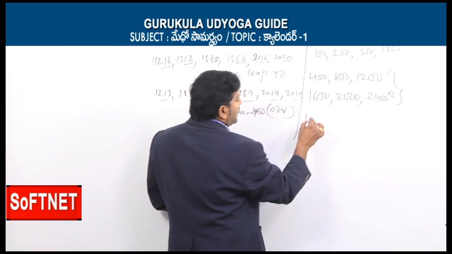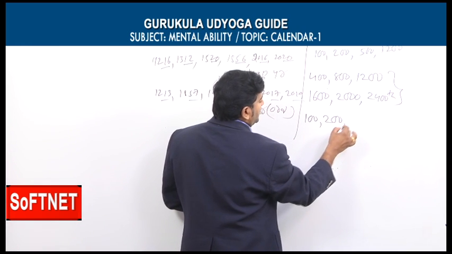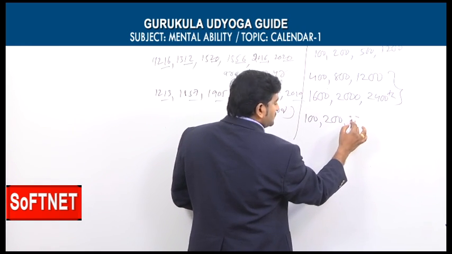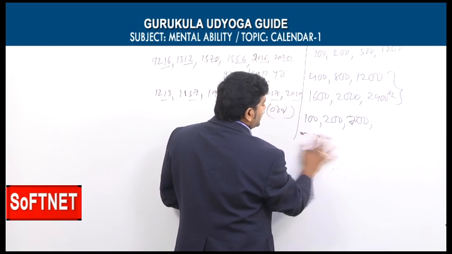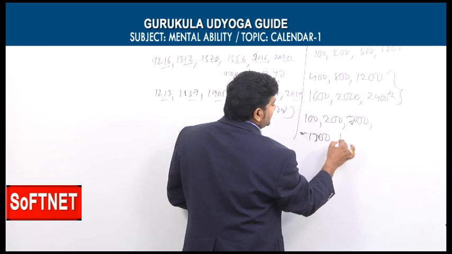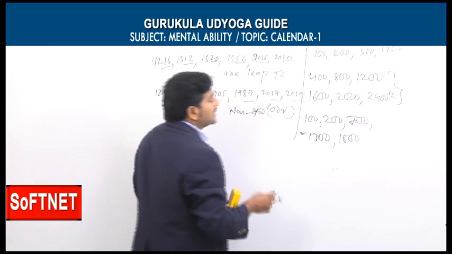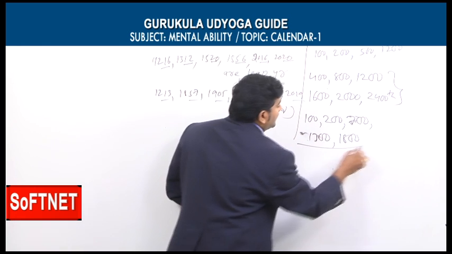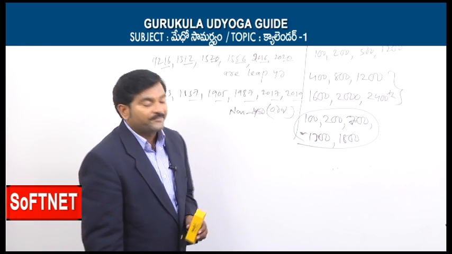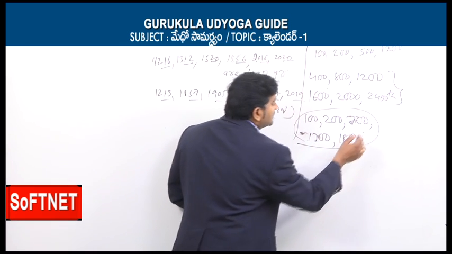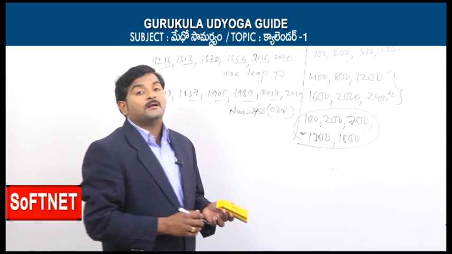For example, 100, 200, 700, 1200, 1300, 1800: of course, all these are century years, but none of them is exactly divisible by 400. That's why these century years are simply non-leap years.